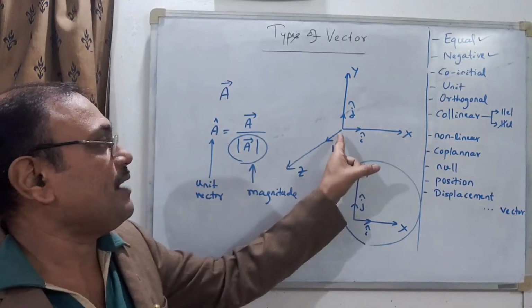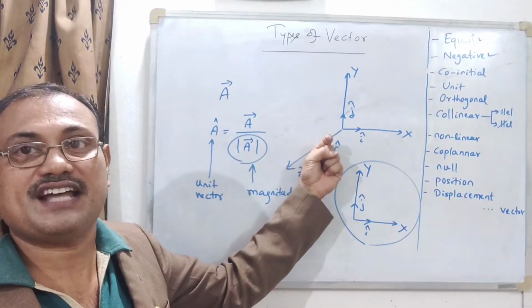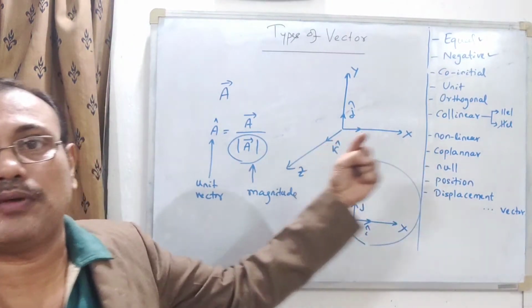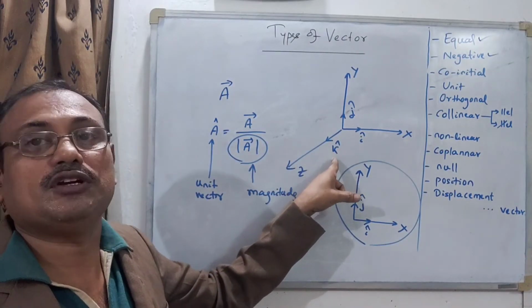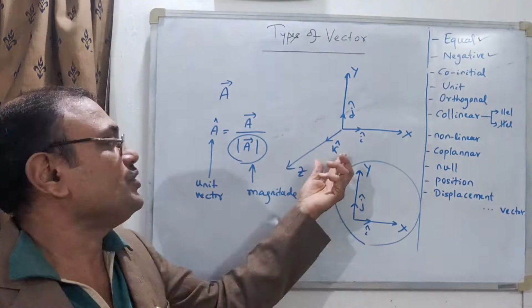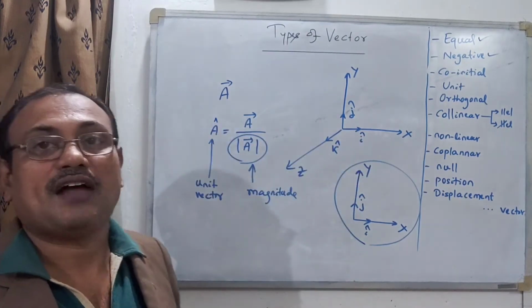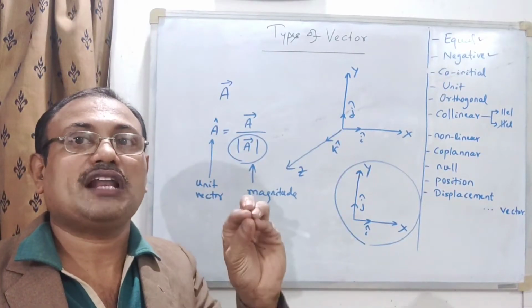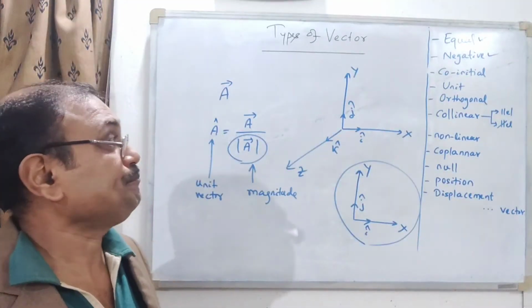Now in case I have three dimensions, where the z axis is coming out of the blackboard, perpendicular to the blackboard towards you, in that case, another unit vector k cap I can define. So these i, j, k are called unit orthogonal vectors along the respective x, y, z axes.